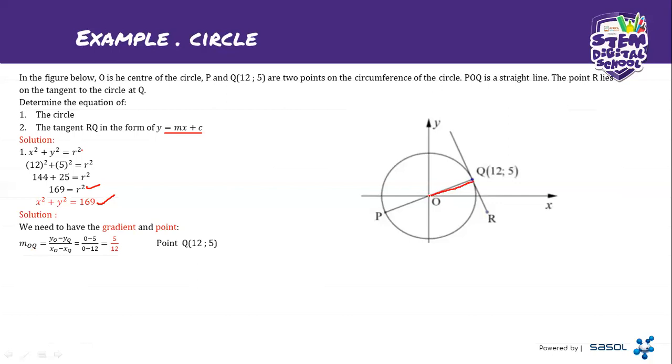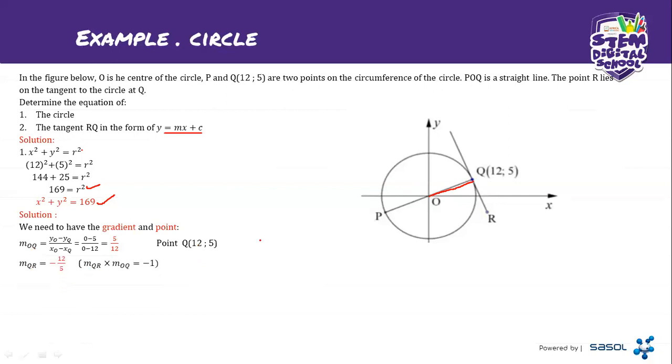Remember, the coordinates of O is (0, 0), and then we've also got the coordinates of Q, which is (12, 5). Now, after substituting, our gradient is 5/12. And then the point, of course, we're going to use (12, 5).